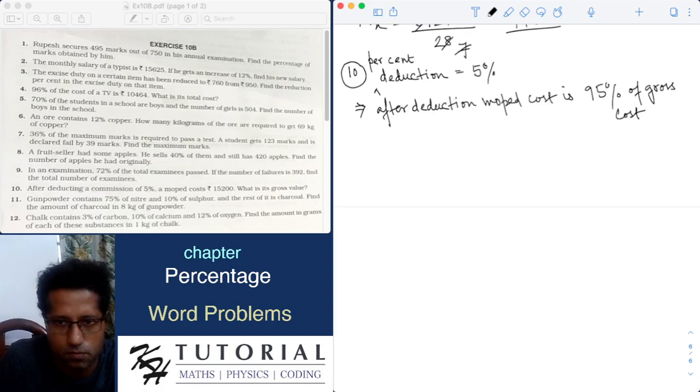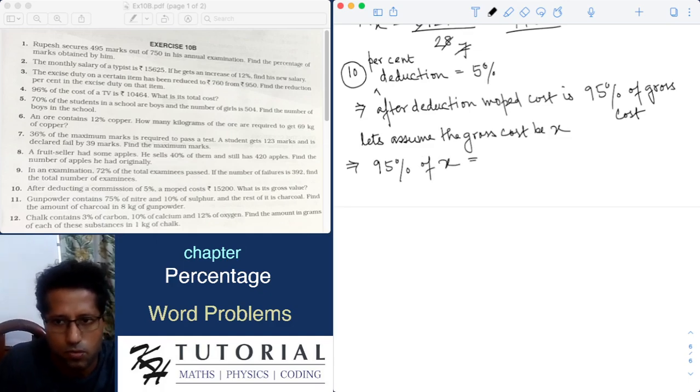So now let's assume the gross cost be X. This implies 95% of X is equal to, it is given that after the deduction of 5%, the mocked cost is rupees 15200.